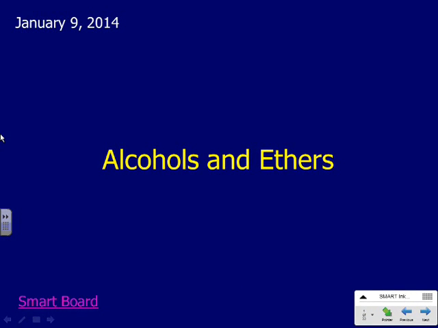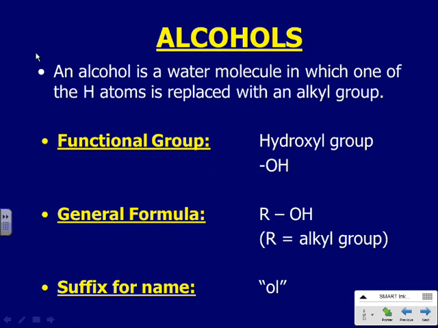Okay, our next lesson is on the functional group called alcohols, and the ethers lesson will be in another screencast. Up to this point, all of the chemicals we've been dealing with have been hydrocarbons, meaning they all contain just hydrogen and carbon.